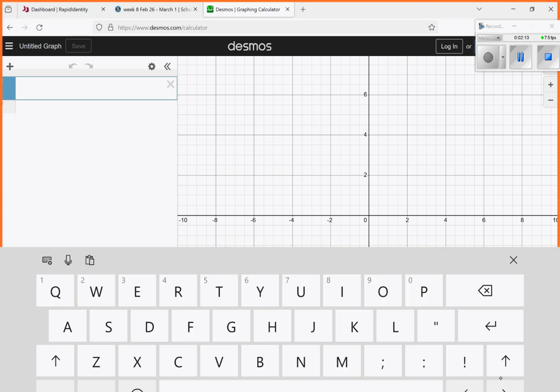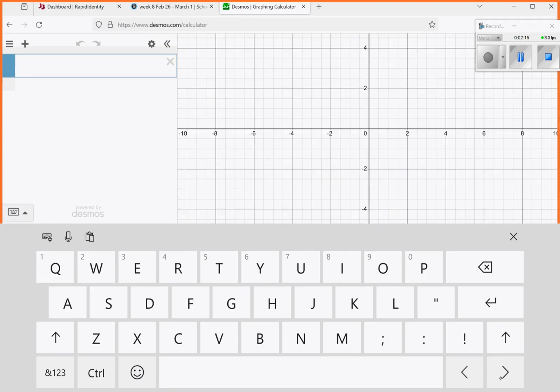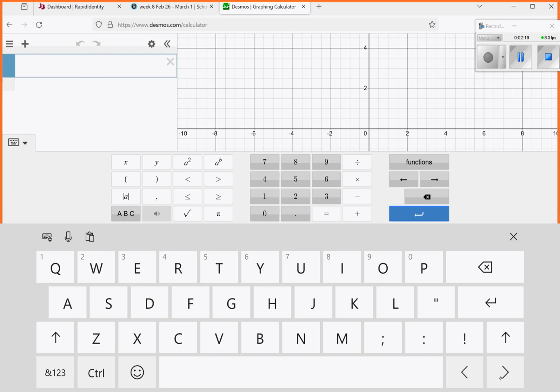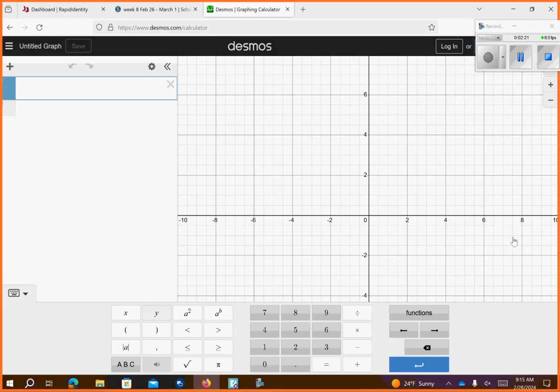So we're going to go y equals, let's make this division. And we're going to go x squared minus 2x minus 3. And then underneath, we're going to go with x minus 3.